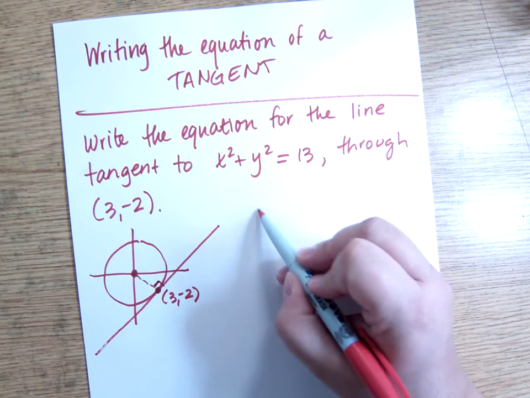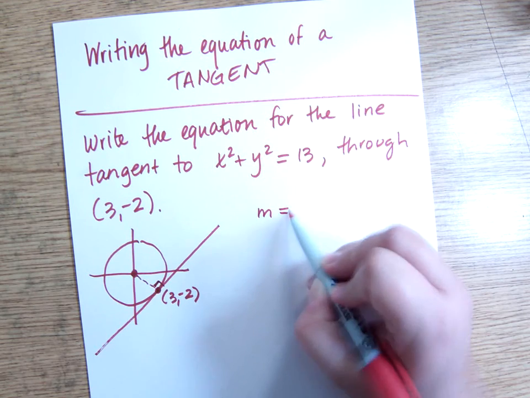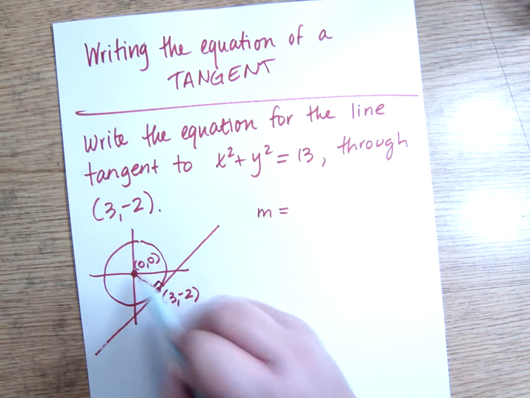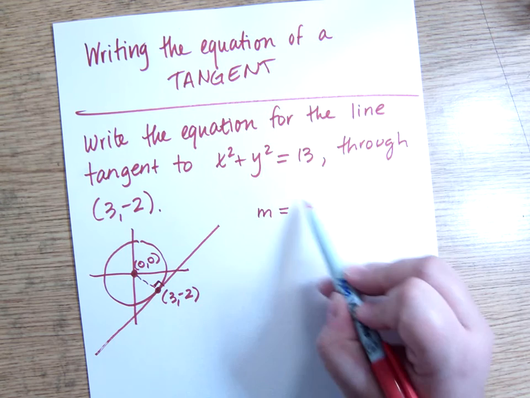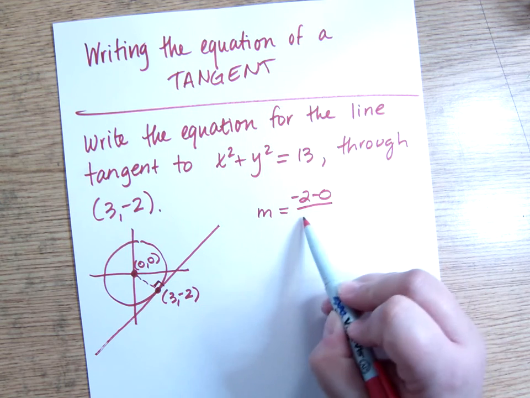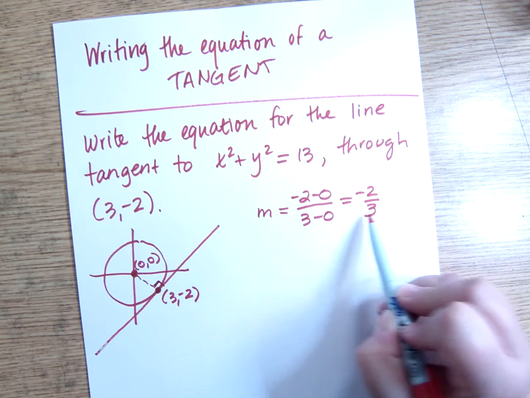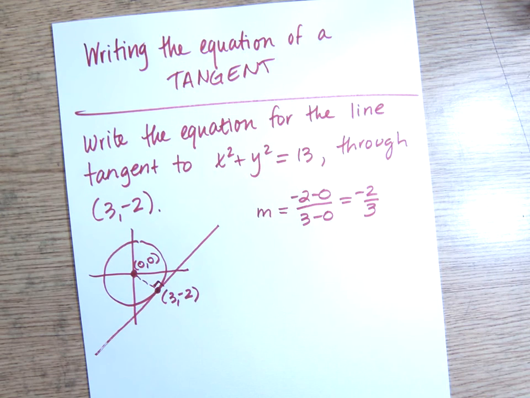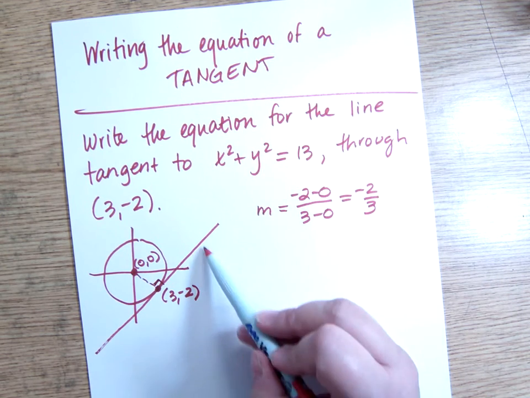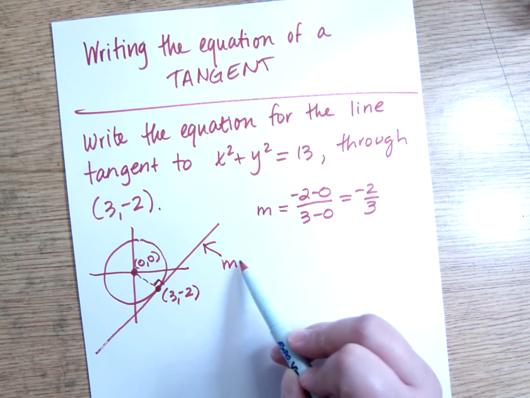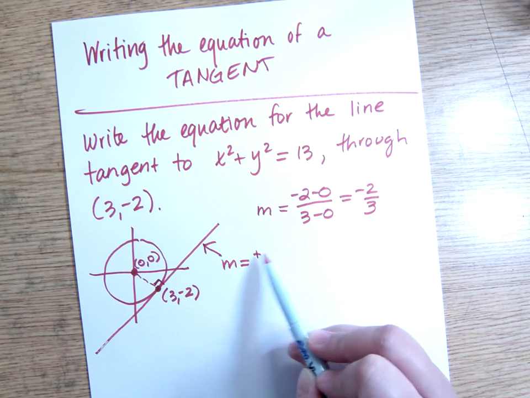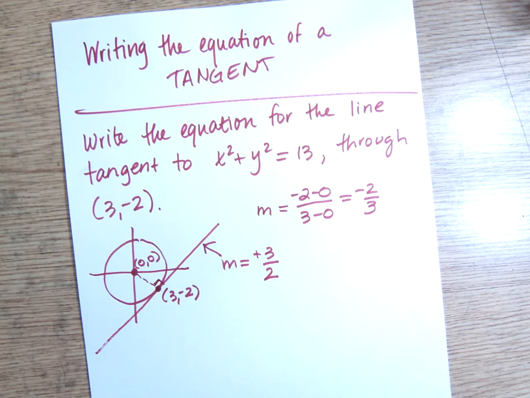So I'm going to find the slope of the radius. It goes from 0, 0 to 3, negative 2. So that's negative 2 minus 0 over 3 minus 0. That's negative 2/3. That's the slope of the radius. So my line has a slope of positive 3/2.